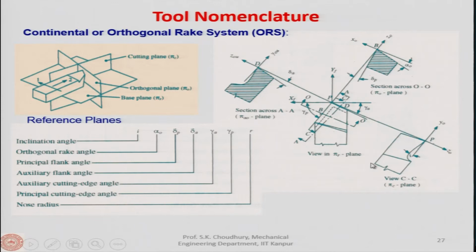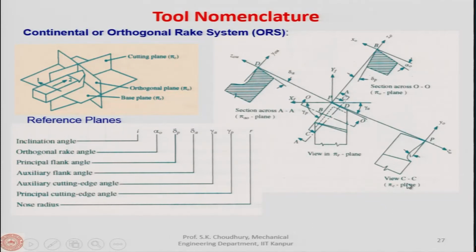If this is the principal cutting edge, and this is the plane containing it, then when we show it here, we will actually see the rake angle and the flank angle, or the rake face and the flank face, like I explained in the coordinate system. That is why it is written view CC. This is the rake face, the inclination of the rake face, and this is the flank face.